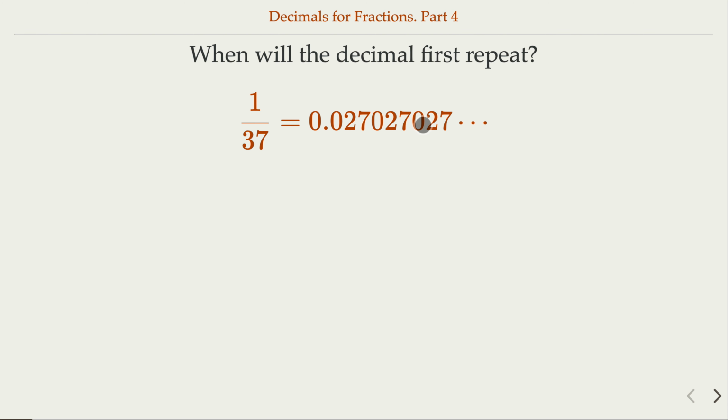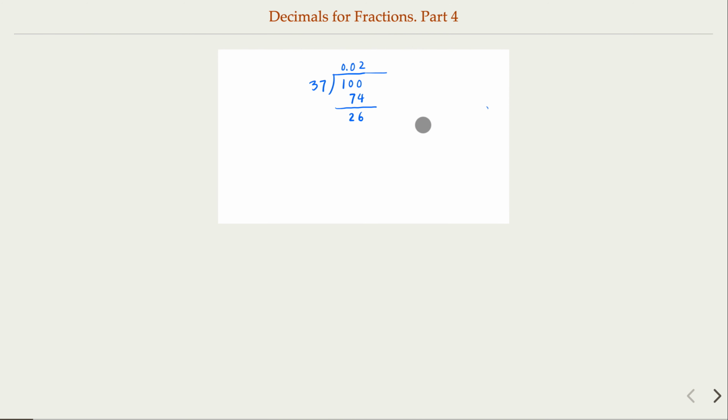The way we do it with long division, you start, then you have to put 2 zeros, and then you get 2. The remainder here is going to be 26. Then you append another 0 here and continue with the process, and you get 7. And here you get remainder 1. So when you have 1, you're going to repeat.